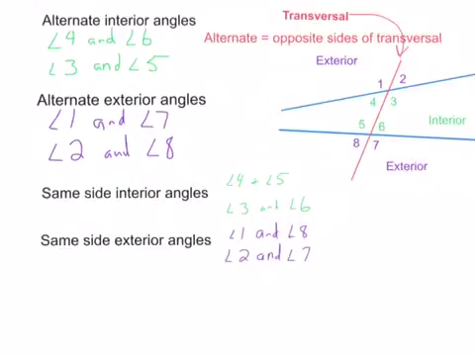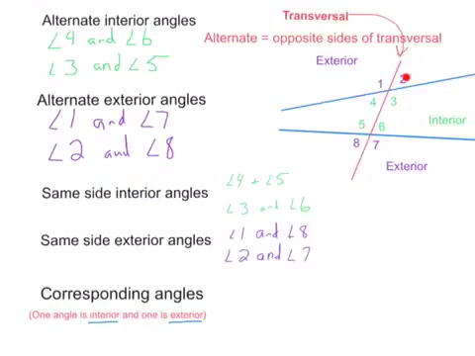The next pair of angles that we're going to talk about are what are called corresponding angles. Corresponding angles are angles that, if you look at the blue lines, are going to be on the same side of the transversal, and both above or both below the blue lines. So angle 1 and angle 5 are both above the blue lines and on the same side of the transversal.